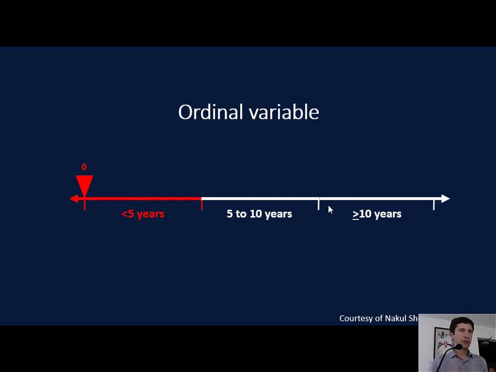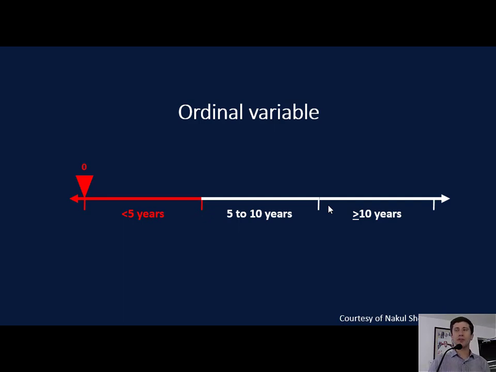An ordinal variable is essentially categorical, but has order to it. So we could talk about an ordinal variable in terms of age ranges like this: less than 5, 5 to 10, greater than 10 years old.